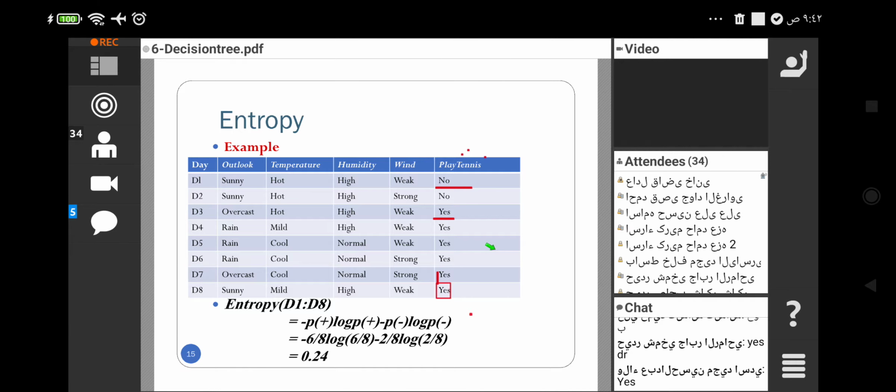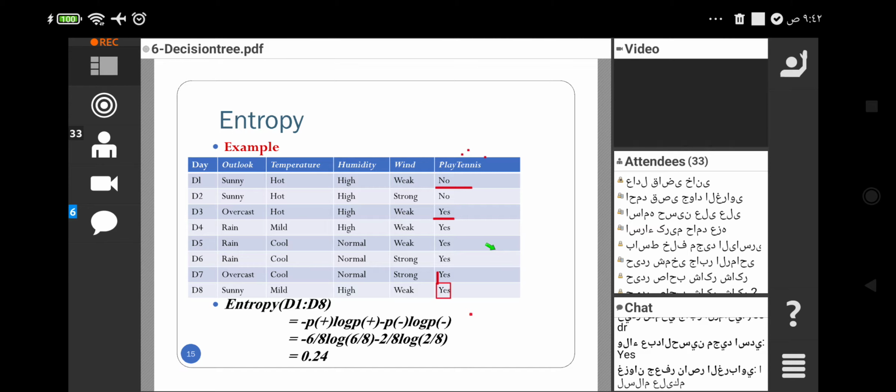We talked about how to calculate entropy, and in this example you see that we could calculate entropy using the output of our data.